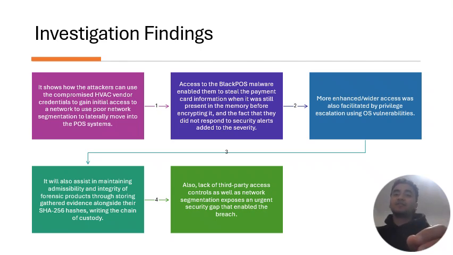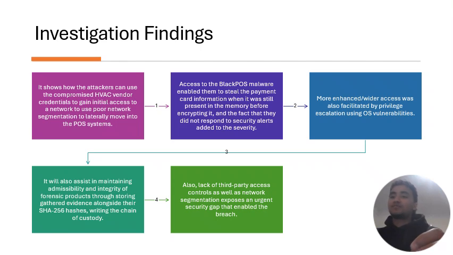The next slide is about the investigation findings. It shows how the attackers used compromised vendor credentials to gain initial access to the network through a poor network setup. Second, the BlackPOS malware enabled them to steal the payment card information while it was still present in the memory before encrypting it, and they did not respond to the security alerts or understand their severity.